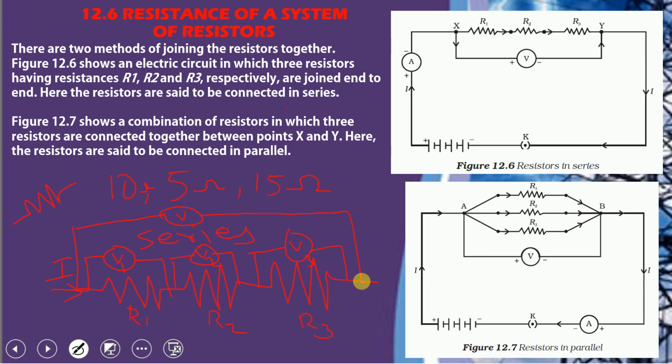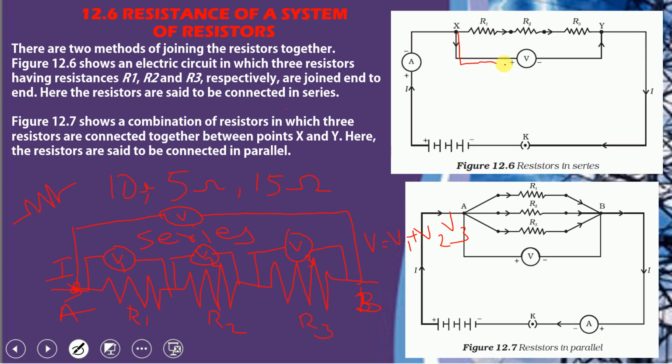At the total ends, A and B, V is equal to V1 plus V2 plus V3.